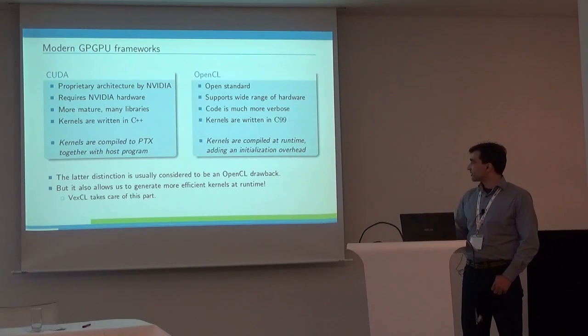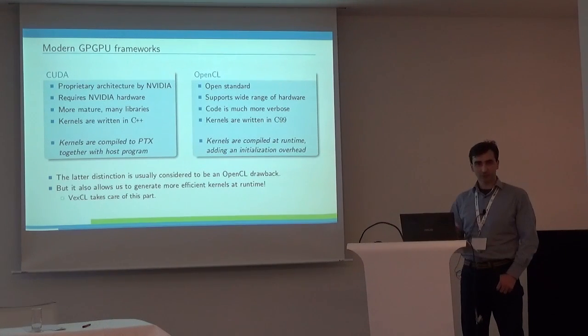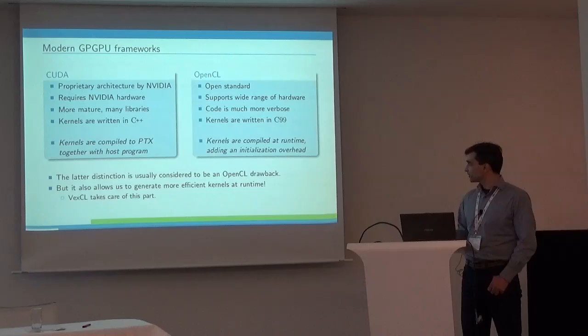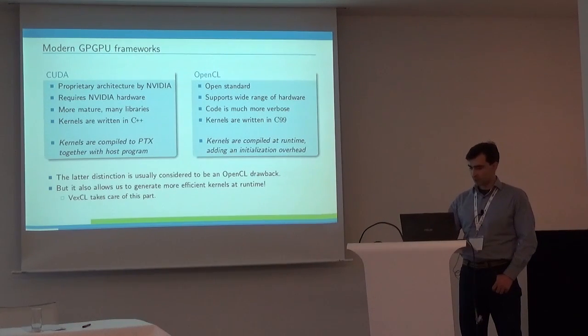But the other difference is how the compute kernels, the functions that work on the GPU, are compiled. With CUDA, kernels are compiled to this pseudo assembler language, PTX, at compile time of your host program. And with OpenCL, kernels are compiled at runtime. So you call some API functions, you compile your kernels, and then you run them on the GPUs.